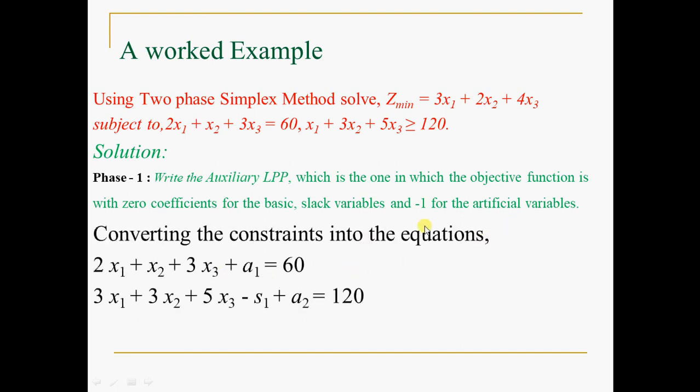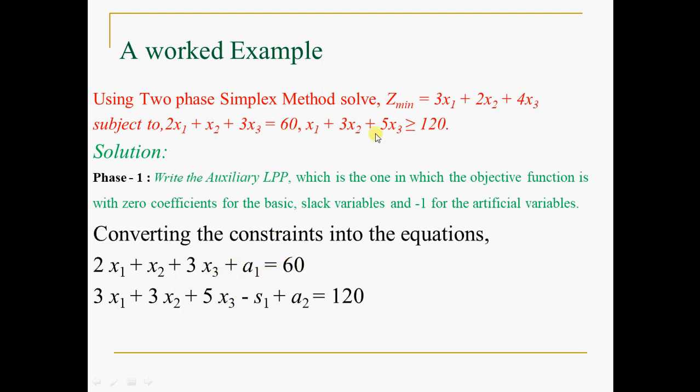And of course, you have to convert the constraints into equations, so that you will come to know what the slack or artificial variables are. Before writing the auxiliary LPP, let us convert the constraints into equations. 2x1 plus x2 plus 3x3 plus a1. When it is exactly an equation, to get the identity basis, as we discussed in the previous session, we add only an artificial variable.